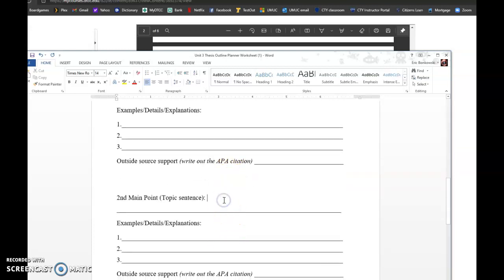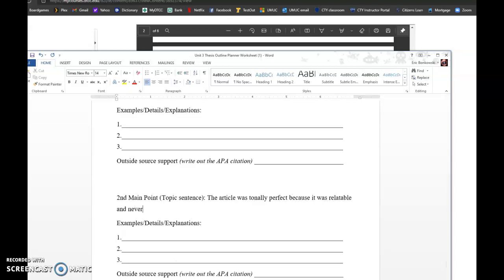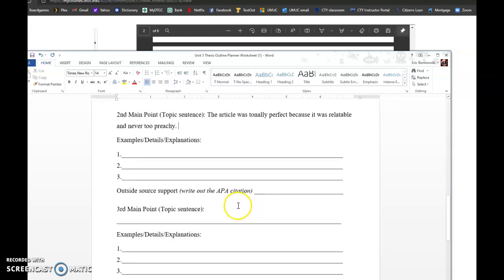And so for the second one, I'm going to say the article was tonally perfect because it was relatable and never too preachy.